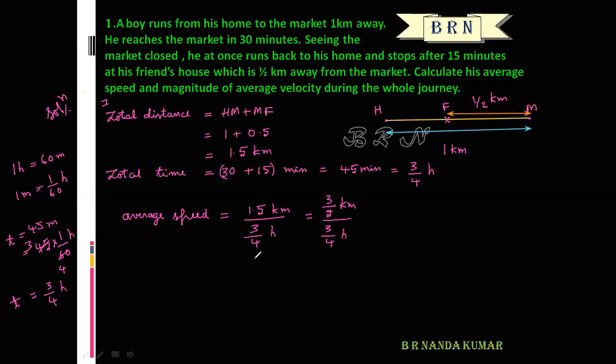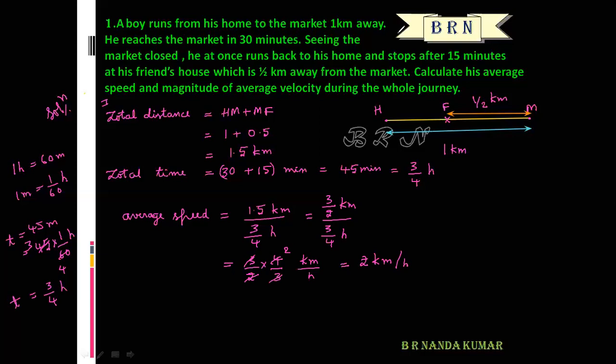So 3 by 2 into 4 by 3, the 3s cancel. The unit is kilometer per hour. 2 ones are 2. So the average speed is 2 kilometer per hour.